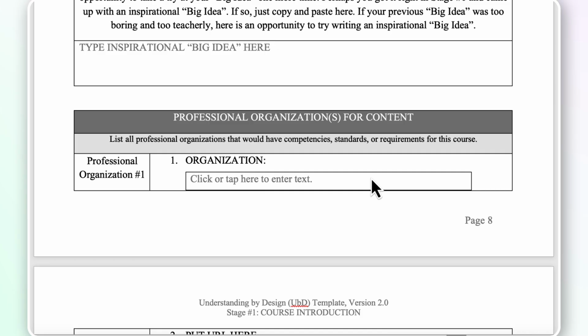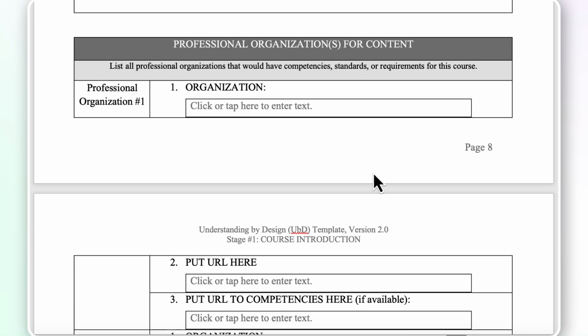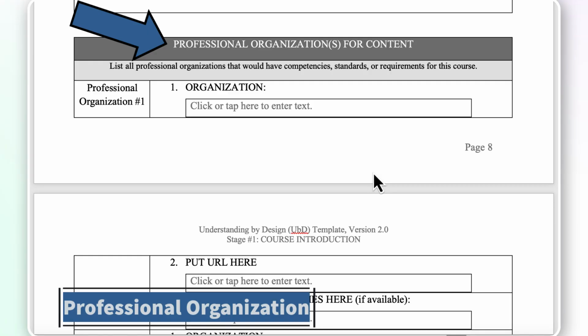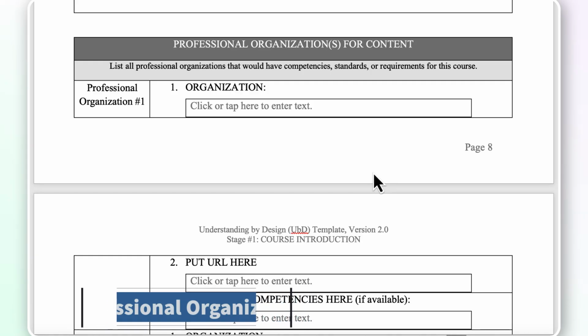So as we get into the actual template here, the first thing is the professional organizations section. This is where you would include things like the trusted educational sources who come up with standards and other regulations that you would use. For example, Common Core is an example. They set learning standards or competencies that at the state level or at various levels within districts have to follow.